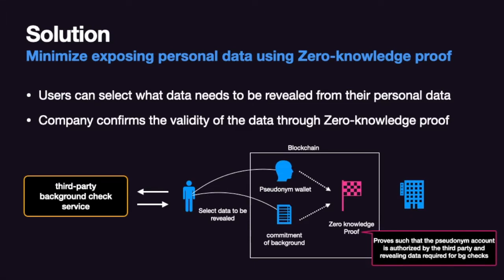Here's my solution. We can minimize how much you have to expose your personal data using zero-knowledge proof. And how it works: in this flow, a company asks you for the background check, and you do so by using the third-party background check service. This data is owned by you, and you can selectively share data in a way the company can't identify you.